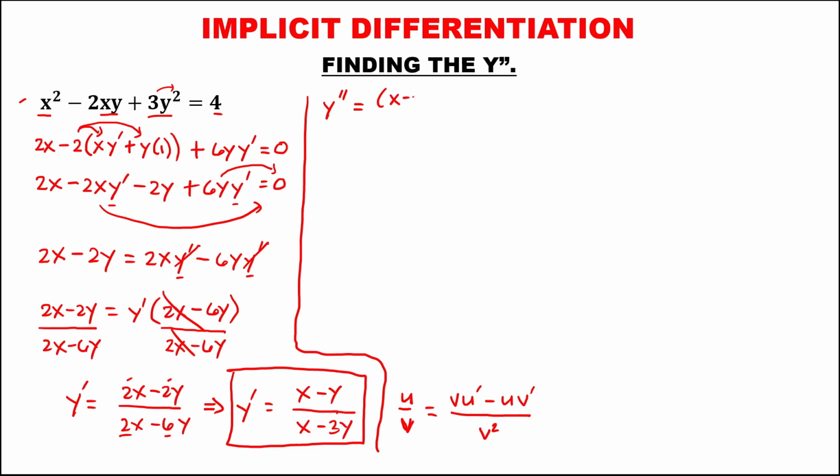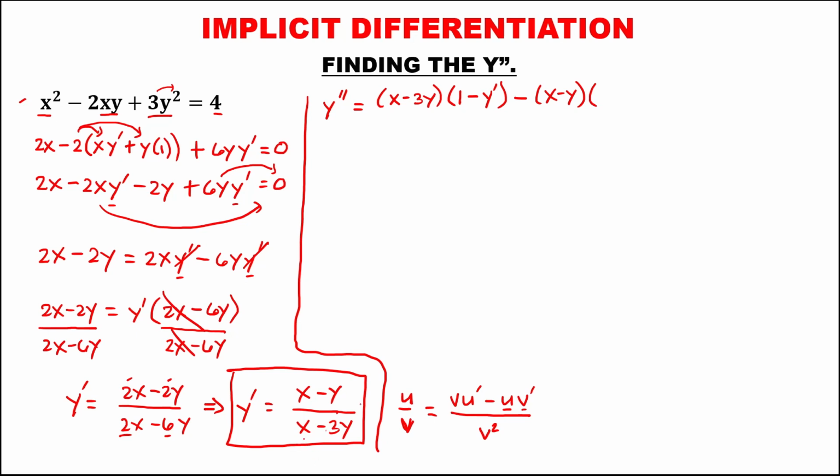So this is x minus 3y times the derivative of u, so the derivative of x minus y. The derivative of x is 1, then minus the derivative of y, that's y prime. Then minus, we have u, and u is x minus y, times the derivative of v, so the derivative of x minus 3y.